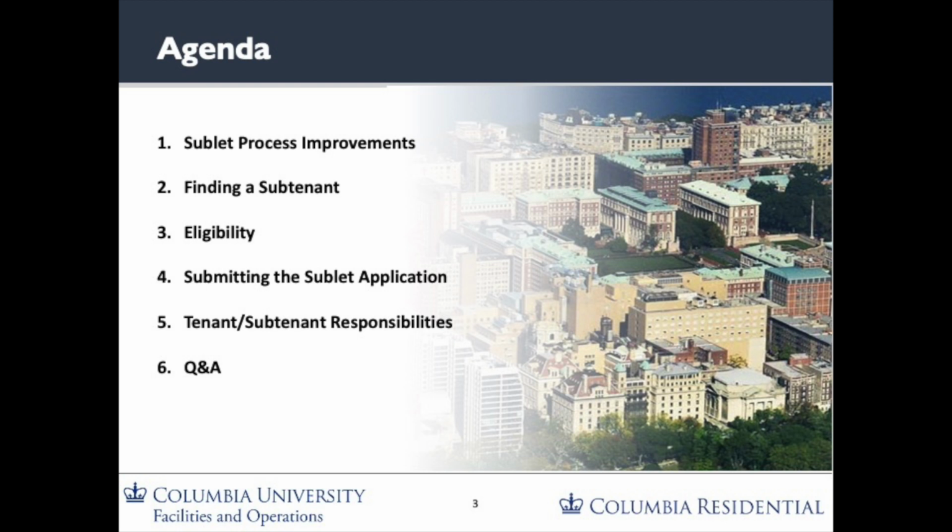Today we're going to walk you through the requirements and the process. Susan's going to share with you some of the improvements that we've made to the process this year. We're going to talk about the process of finding a subtenant, what eligibility requirements are in place, and then how to submit that sublet application and get approval, and then the tenant and subtenant responsibilities.